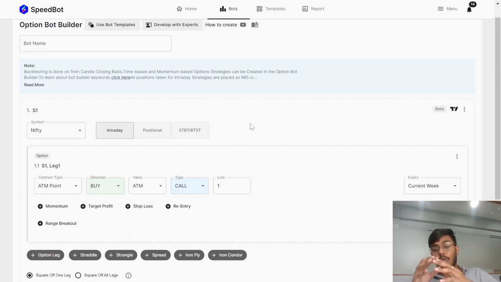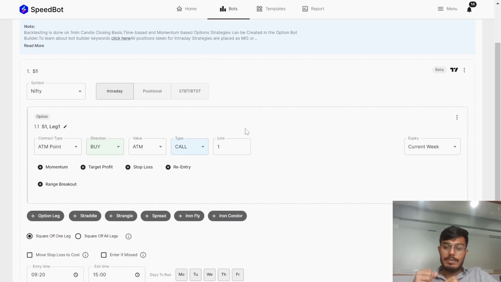So basically, for those of the users who do not understand what a positional options bot is, let me explain it to you. Let us say you are trading a strategy in which you want to enter today. So today is Friday, so you want to take an entry today, anytime, and you want to exit the position on maybe next Wednesday or next Thursday.